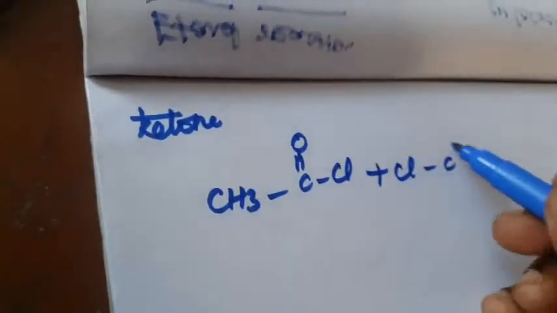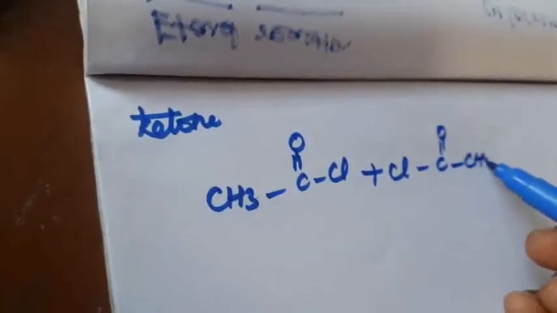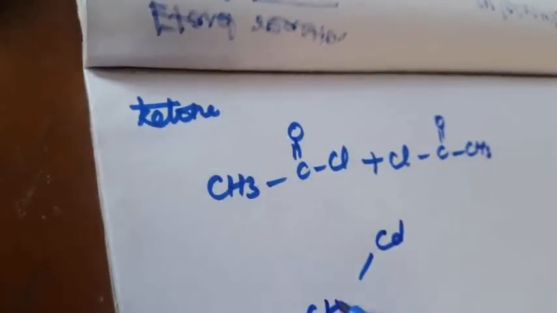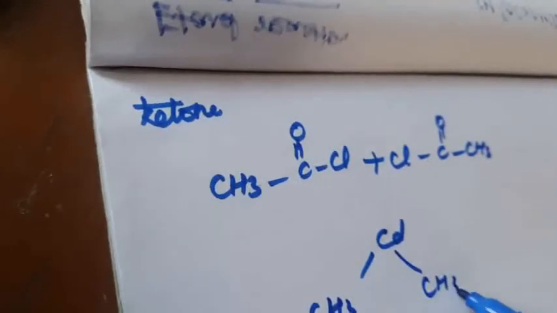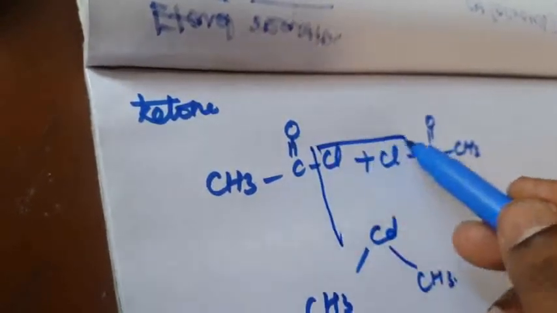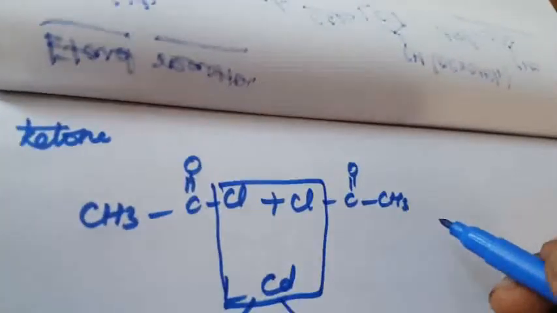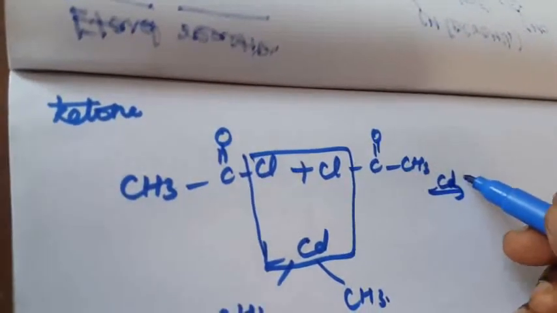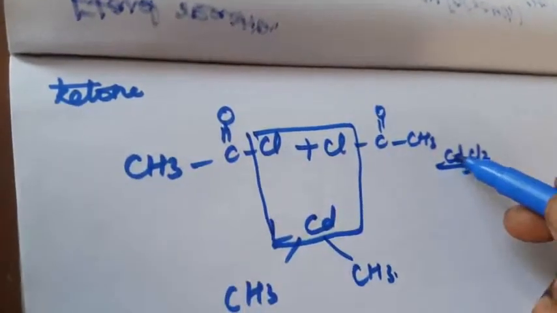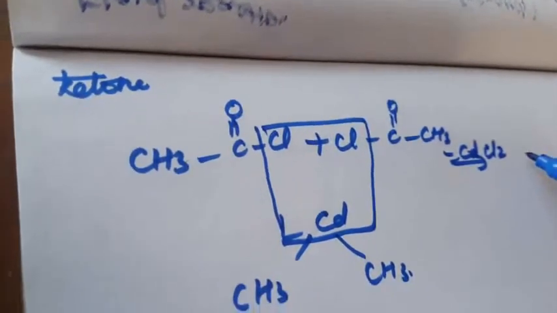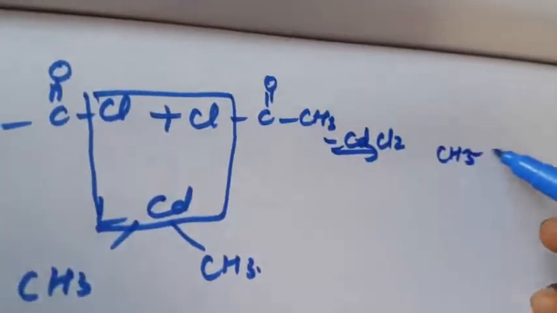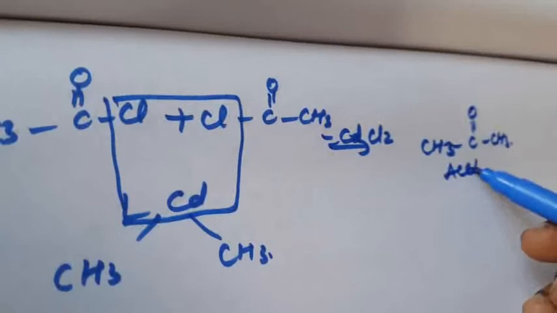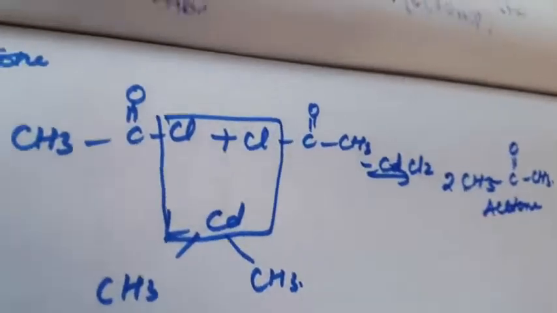Here also another acetyl chloride, then dimethyl cadmium, CH3. So here cadmium chloride, CdCl2, will be released. The remaining compound is CH3 C double bond O CH3. What is this compound name? That is acetone. Okay, so this is the preparation.